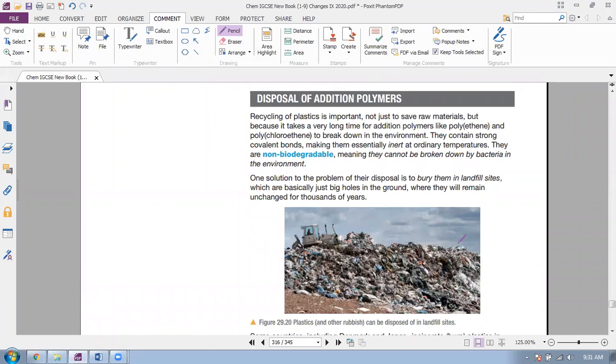Now look at the disposal of addition polymers. We know plastic materials, bottles, and anything, can be recycled, and they are non-biodegradable. They are inert at normal temperature, and non-biodegradable means they cannot be broken down by bacteria or microorganisms.